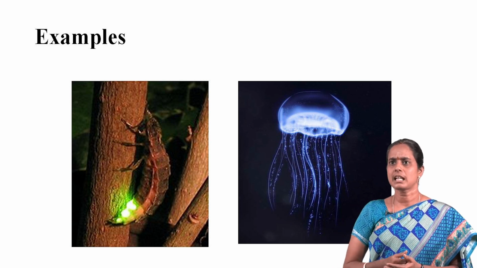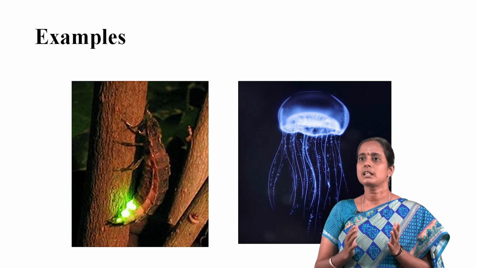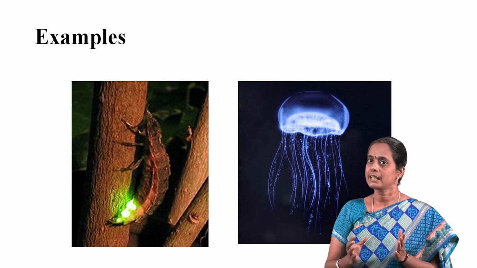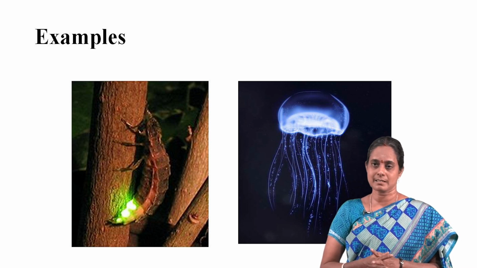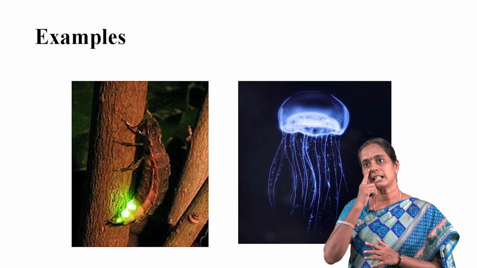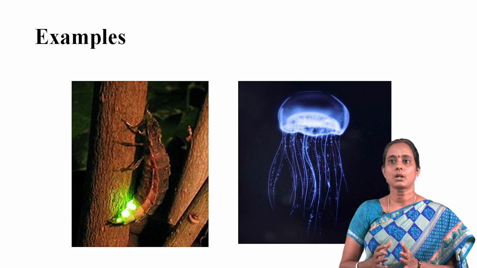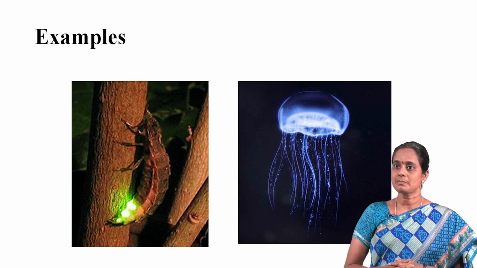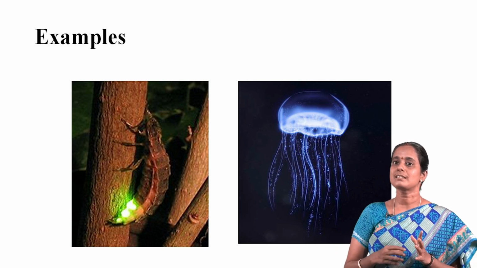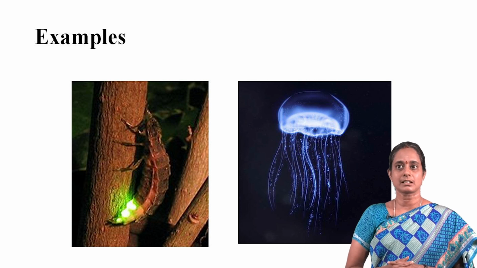In the case of jellyfish, they mostly produce luciferin in their photocyte cells. The same reaction occurs in jellyfish also. When an ion such as calcium is present, the process occurs that emits light.